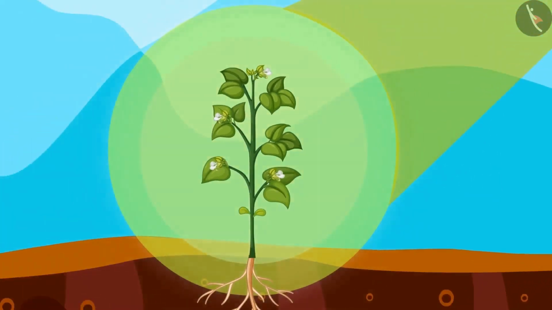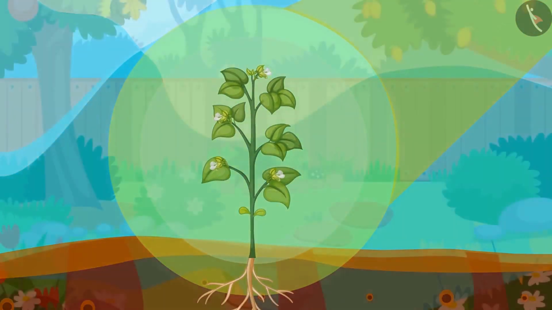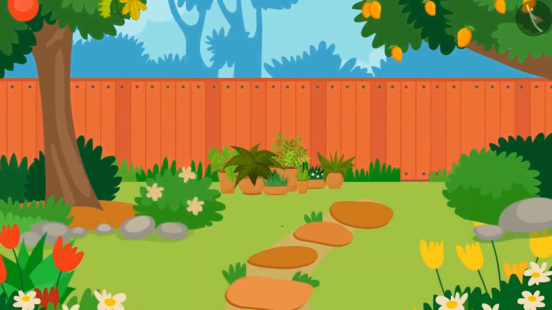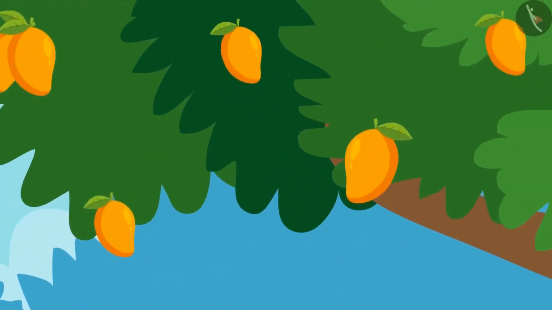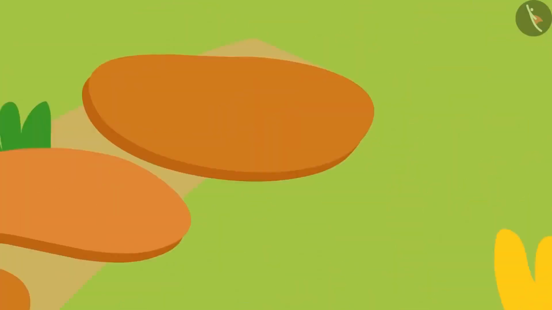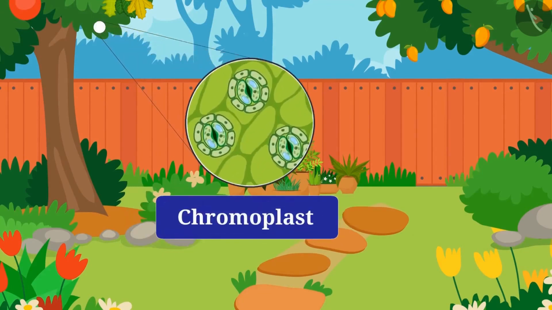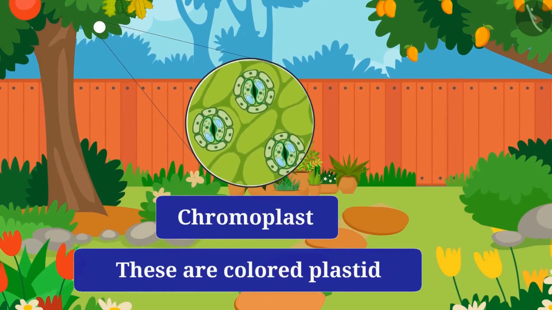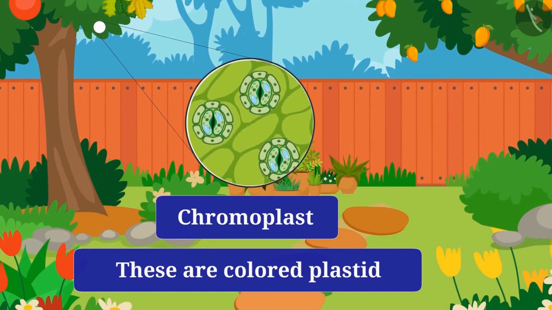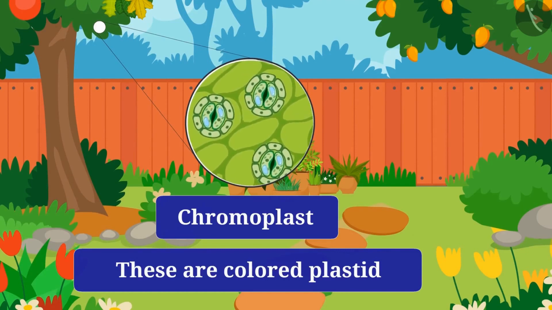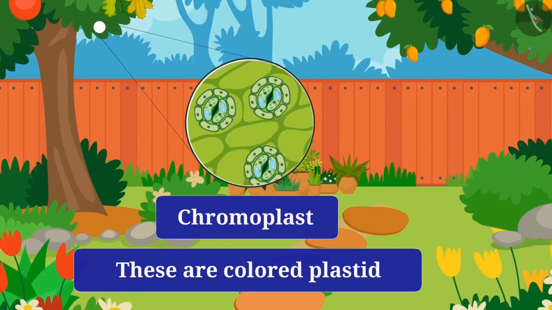Now, we will know about chromoplast. Friends, have you ever thought why leaves, fruits, and flowers of a plant are of different colors? Well, because of this chromoplast. They are colored plastids, and they provide different colors in leaves, flowers, and fruits.